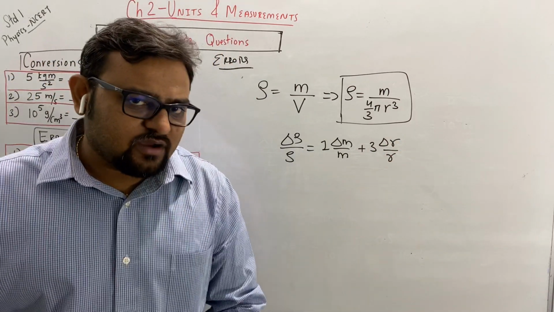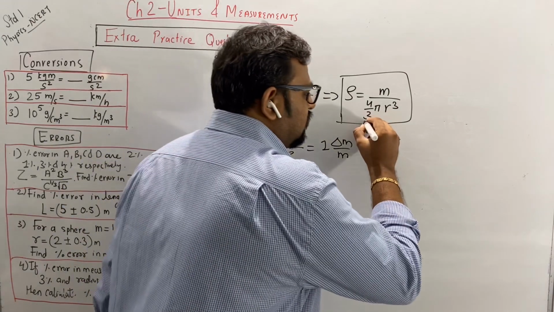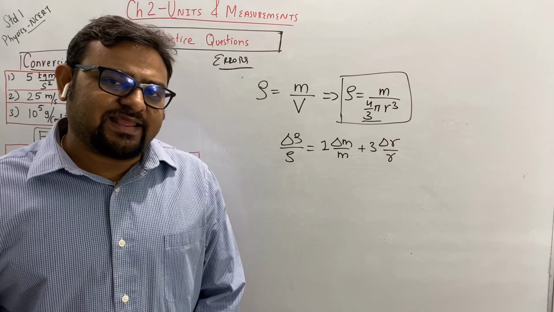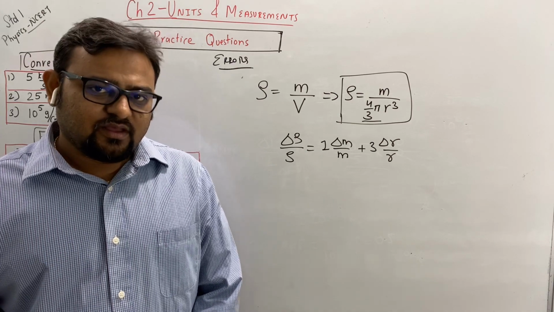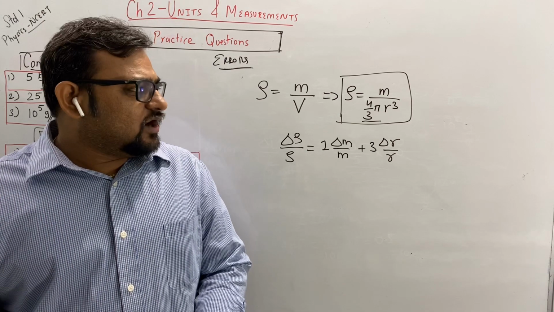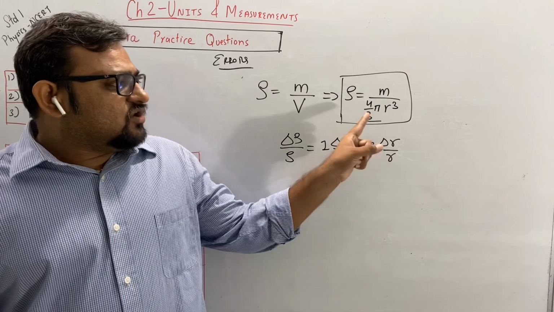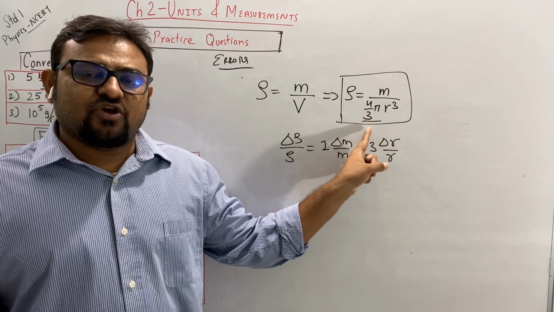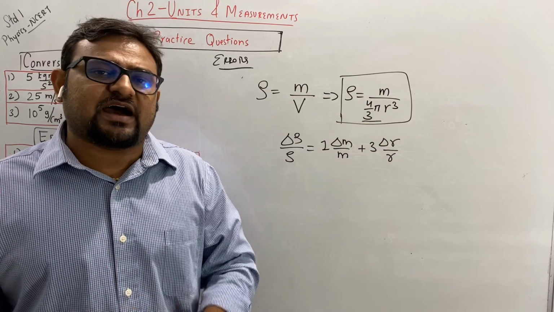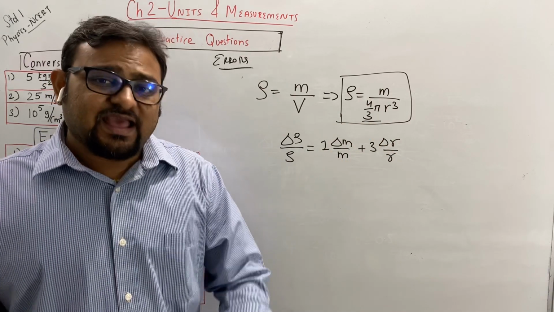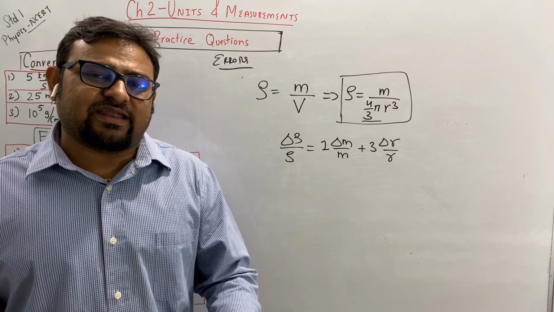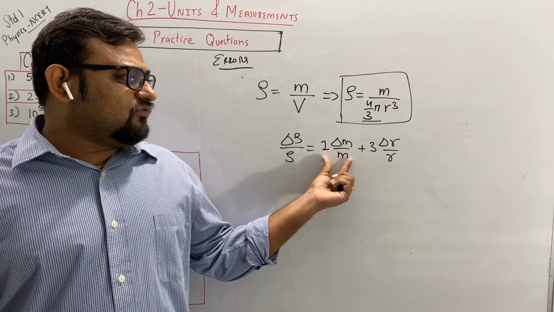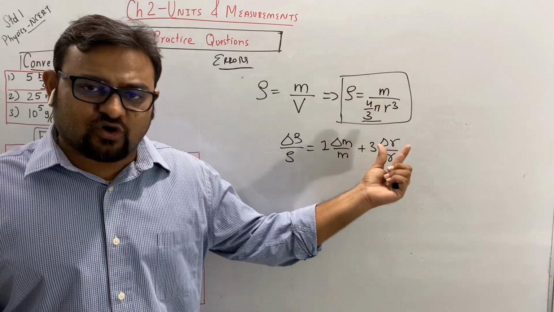Now remember, you have to ignore 4 by 3 and pi while calculating the relative error, because these are not measured quantities. Error can be there only in the measured quantities.